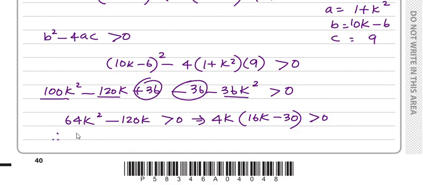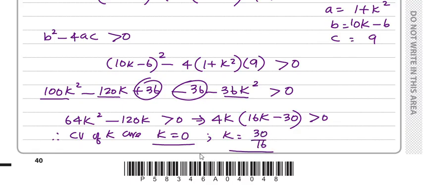Therefore, the critical values of k are: k can be equal to 0 because 4k times something is 0, or k should be equal to 30 over 16, which is equal to 15 over 8.